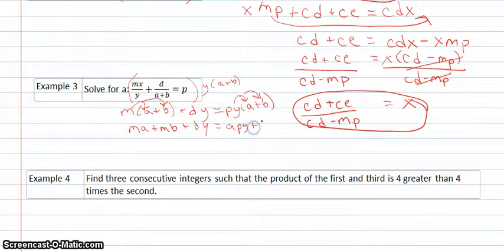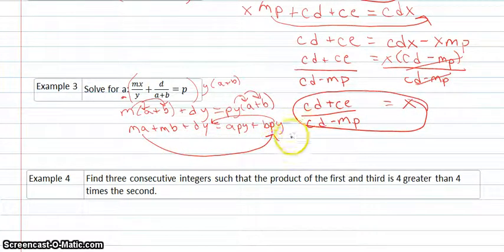apy plus bpy. Okay, now I'm solving for a, so I'm going to get my a terms on the same side. So I'll move this ma over here by subtracting it, and then I'll take this bpy and subtract it to the other side, so I'll have my a terms by themselves on the right side.